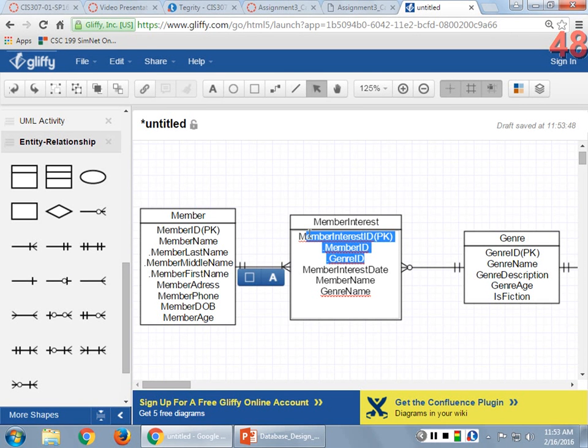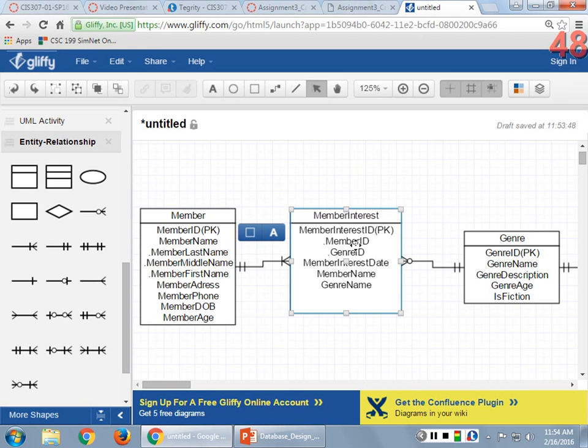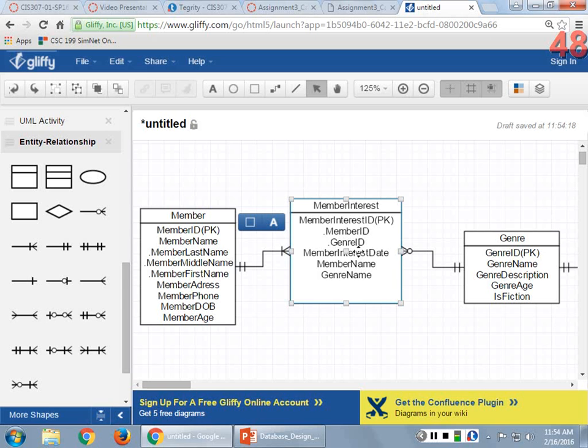In our case, how many parts? 2 parts, member ID and genre ID. Consistent with the definition of the second normal form, you want to make sure that all attributes that are not part of the primary key depend on the full primary key, meaning both member ID and genre ID, and not on one portion, such as member ID or genre ID.